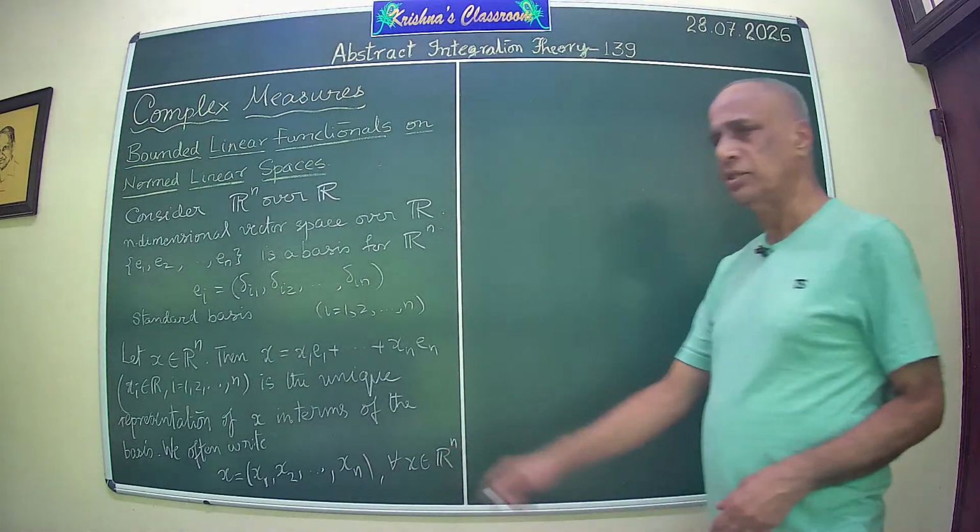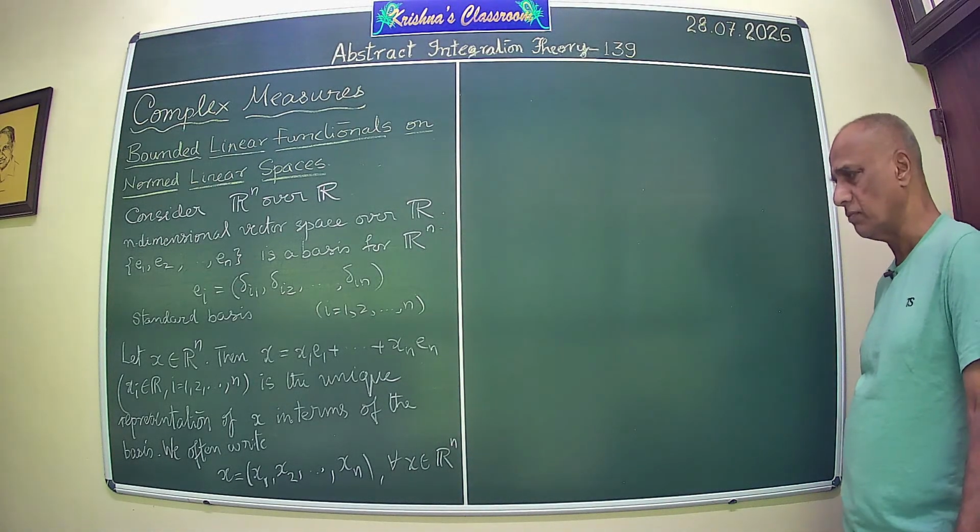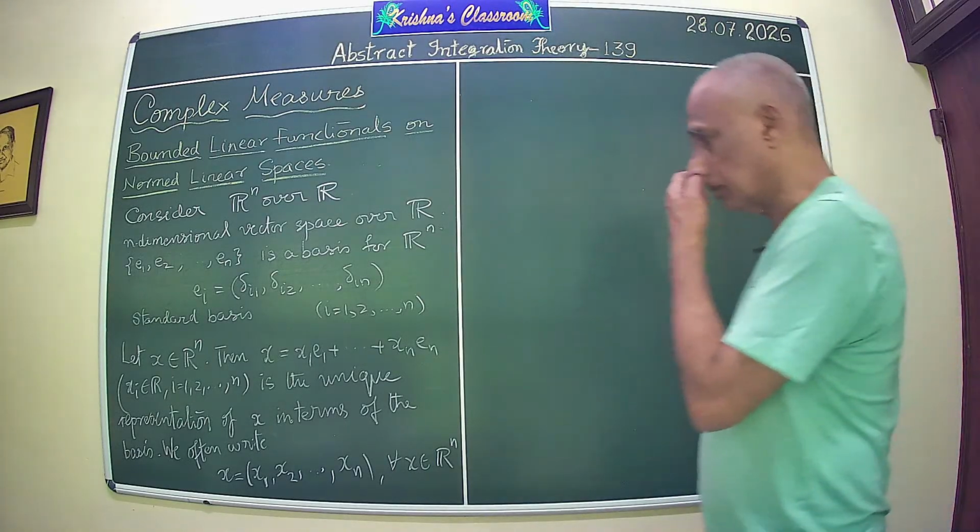Okay, so this is an n-tuple. This is the coordinate, the representation of x with respect to this basis.